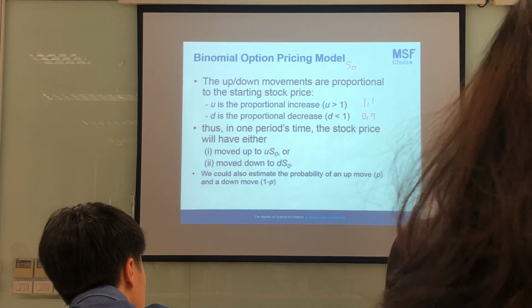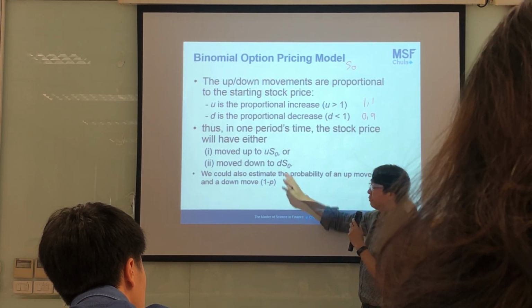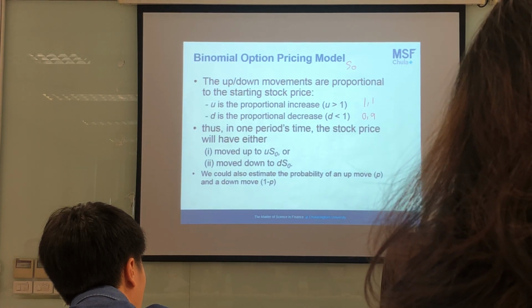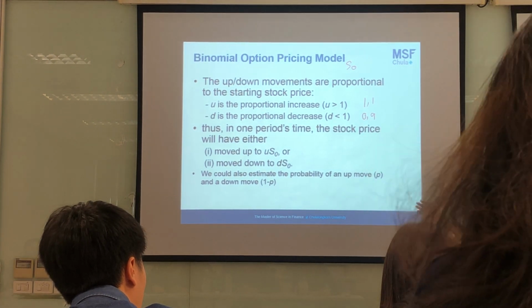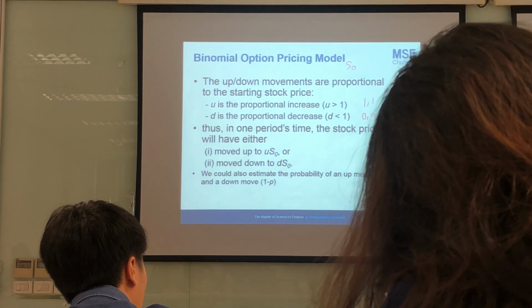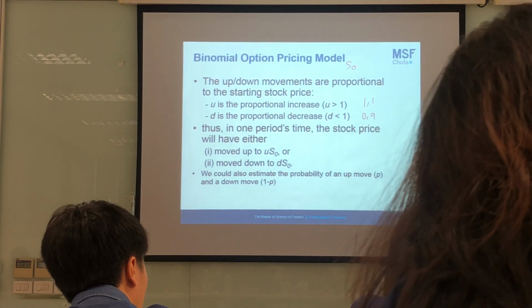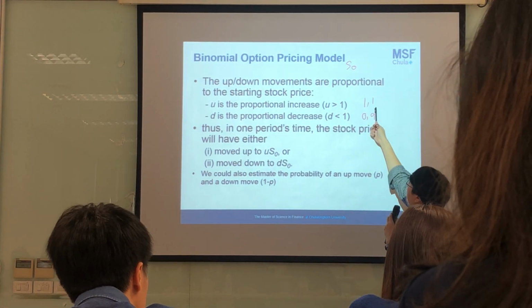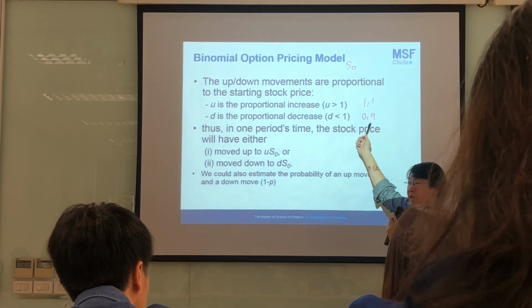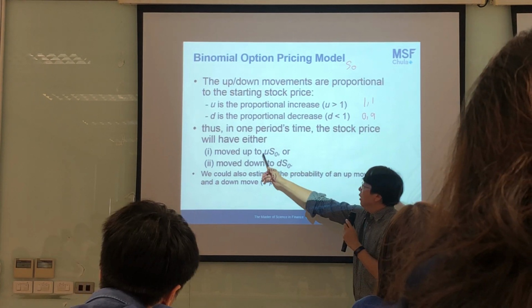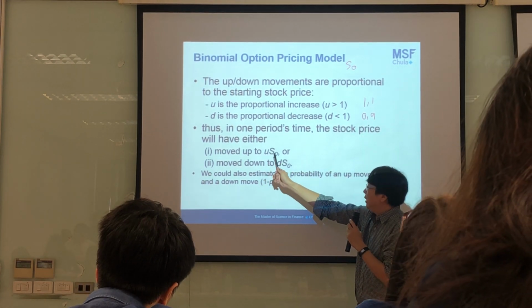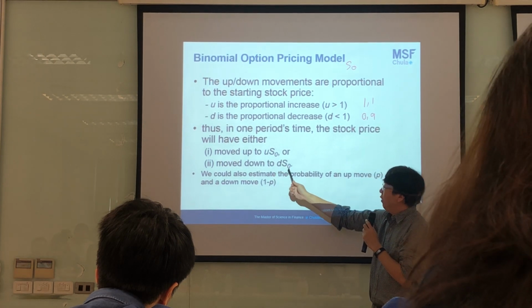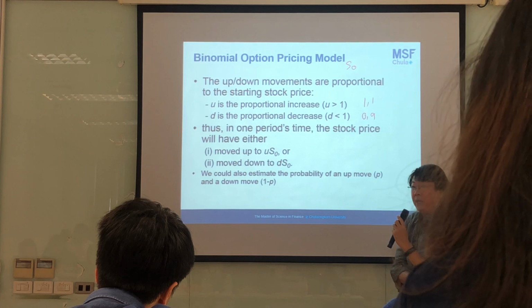If you know the stock price today is equal to S0, then next period the stock can increase or decrease by some level. If the size of increase or decrease is 10%, then U is 1.1 and D is 0.9. So next period, the value of the stock, if it increases, will be equal to U S0, and for the decrease, it will be equal to D S0.